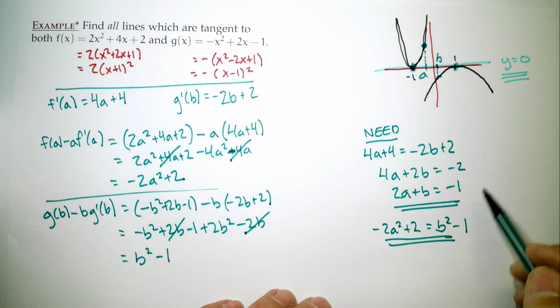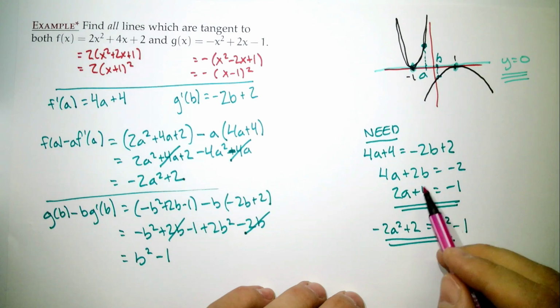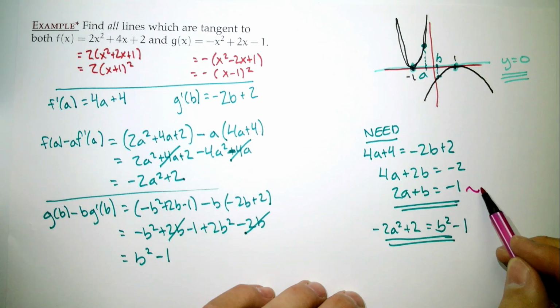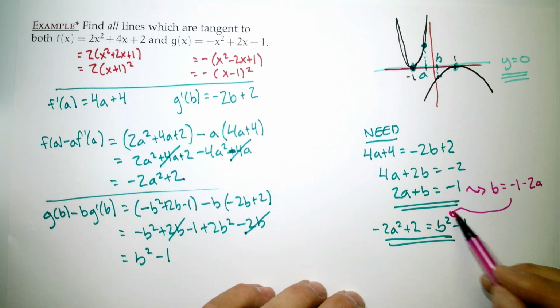We now have two equations and two unknowns. So when you have two equations and two unknowns, what should we do? We should solve. How do we solve? Well, in this case, we can solve by substitution. So let's solve for b. I can say that b is minus 1 minus 2a. And now I can put that information in here.